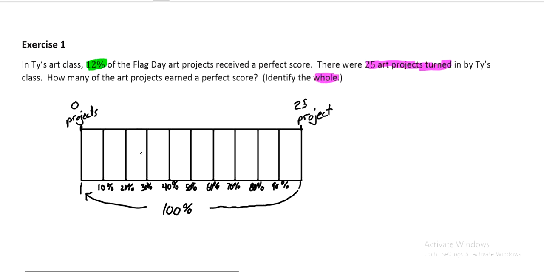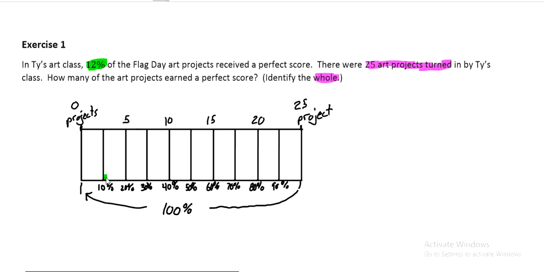When you divide 25 by 10, you get 2.5. We can't really have 2.5 art projects, but I'll put 5 here, this would be 7.5, this would be 10, this would be 12.5, this would be 15, this would be 20, and then right here we get 25.